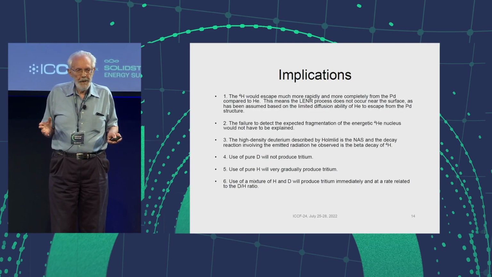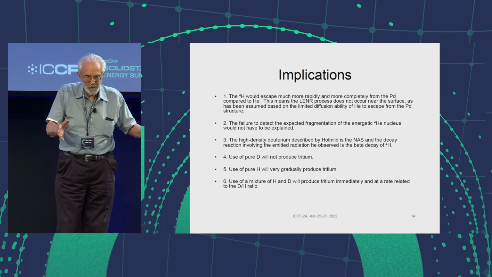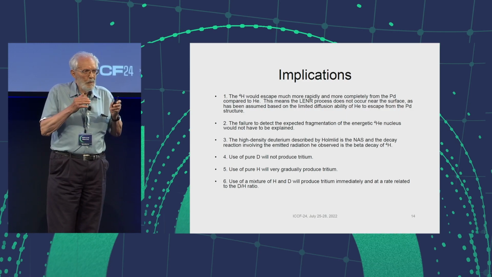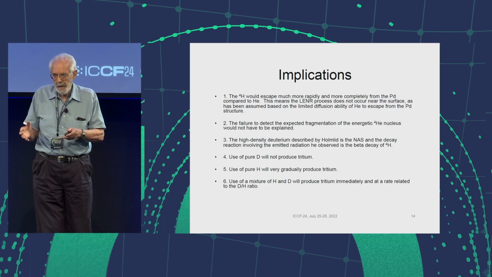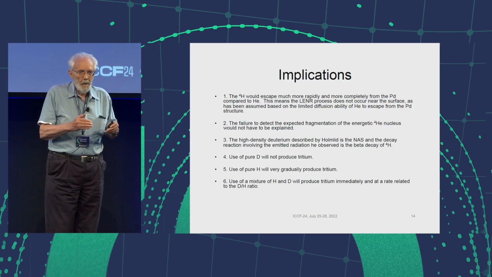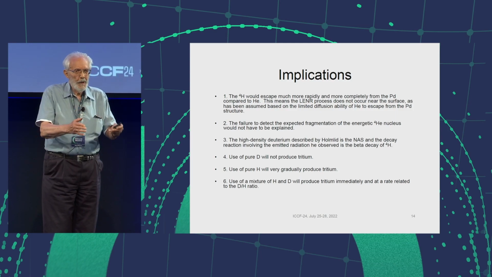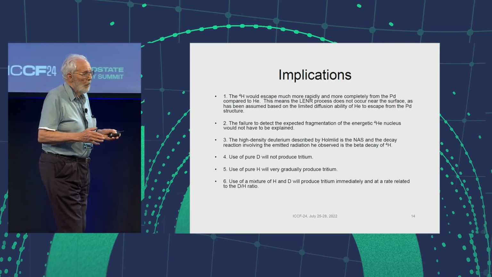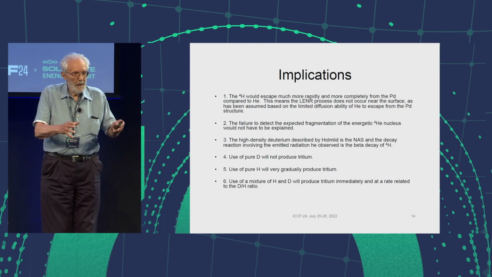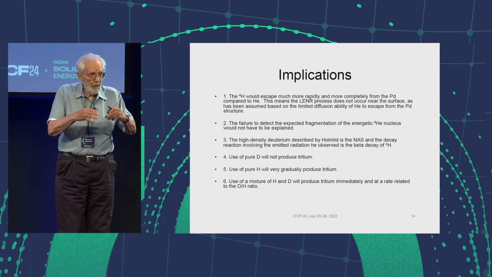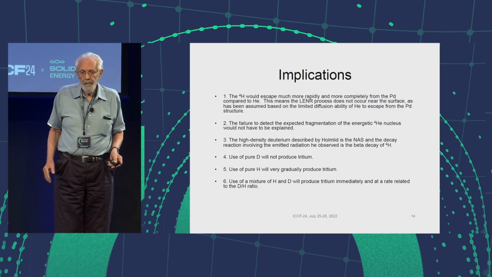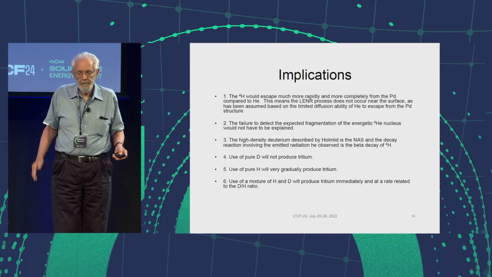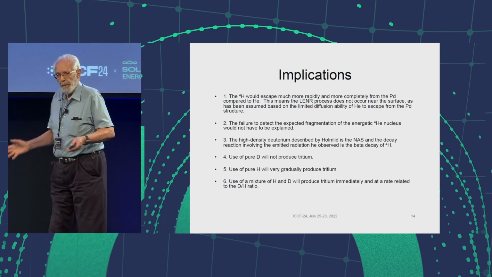Well, there are several implications of this model. In the past, when people assumed that helium was being made, we have a problem because helium does not diffuse very readily within a material. So in order to get the helium out of the palladium deuteride, where it's measured in the gas, it has to be made very close to the surface. Otherwise, it could not escape. And it always bothered me why this should be true.